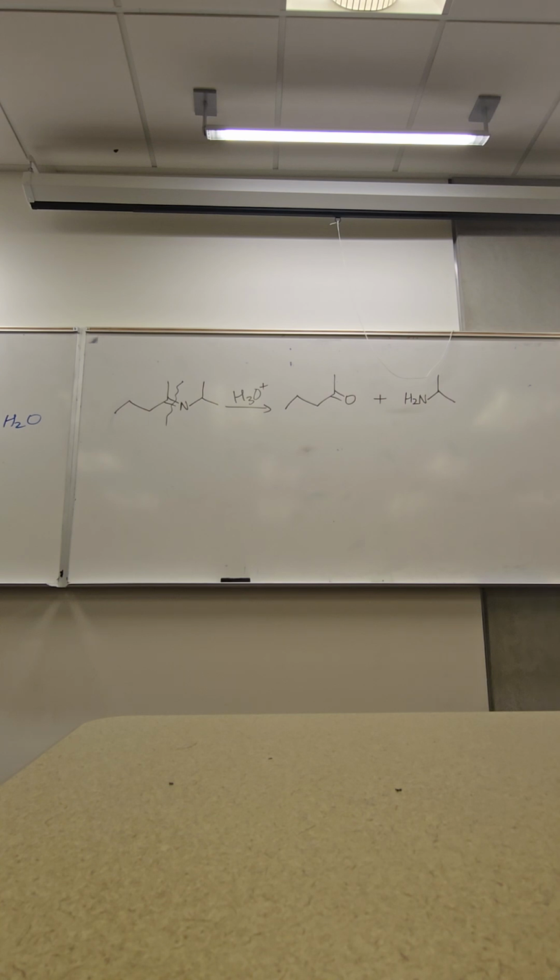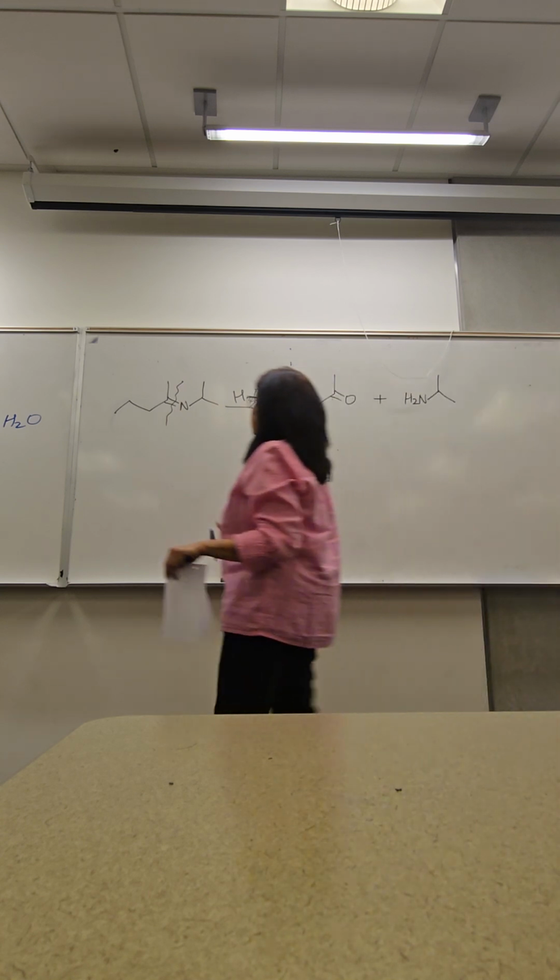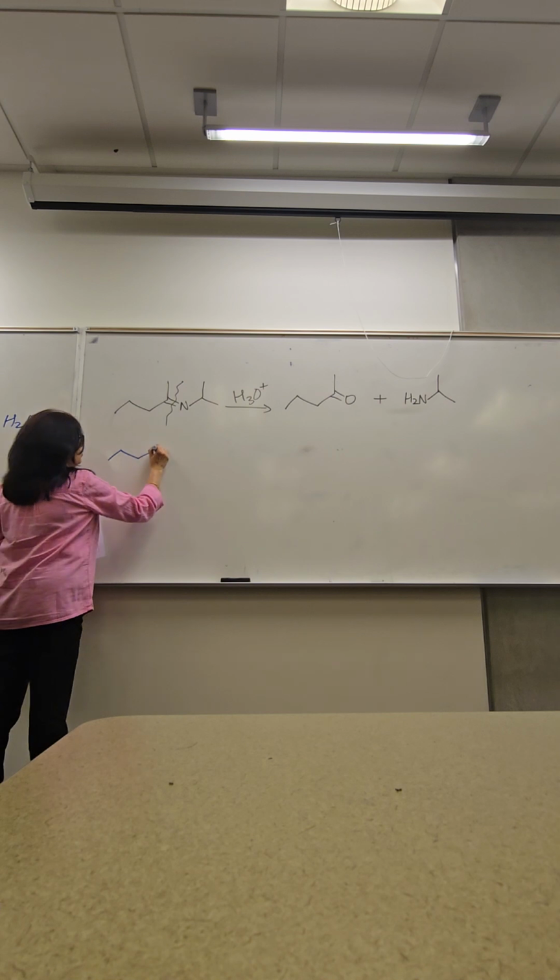Again, it's the exact opposite of the forward reaction because these two are in equilibrium. The mechanisms are also in equilibrium. So, what should be the first step? Protonate the nitrogen. Okay, then what?